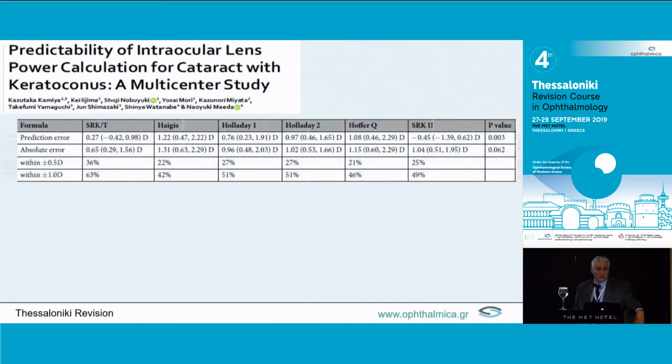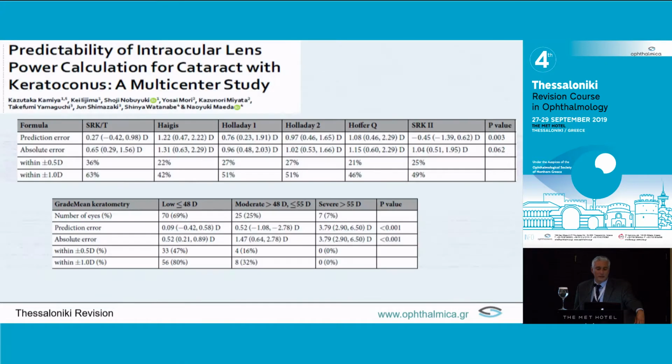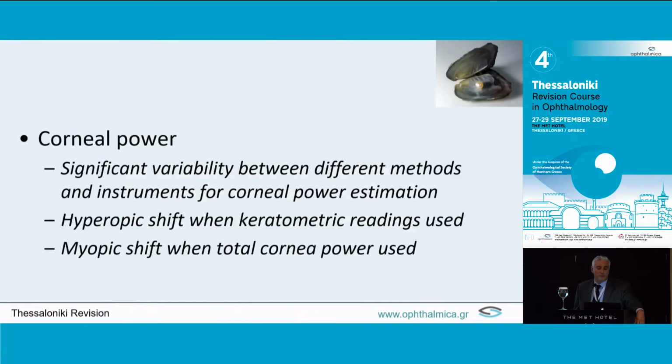And by talking about special equipment, I'm talking basically about equipment that can give you the results of the posterior surface, and these are basically Pentacam, Orbscan, and the new OCTs. So, point number 2, significant variability between different methods.